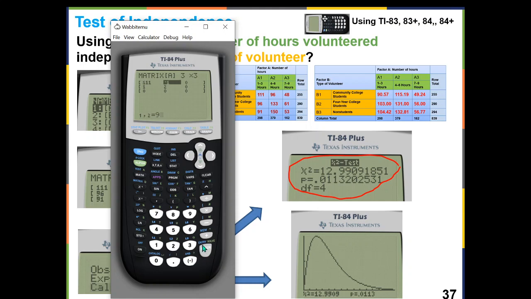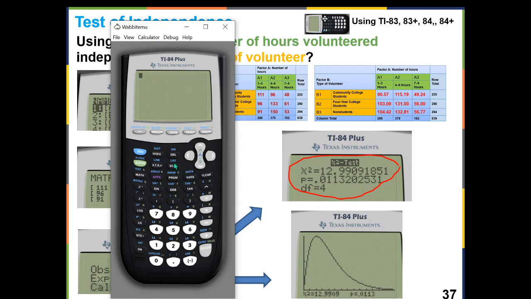And then 96, and then 48, and 96, and 133, and 61, 91, 150, and 53. There. All right, once we have the matrix, then we quit.